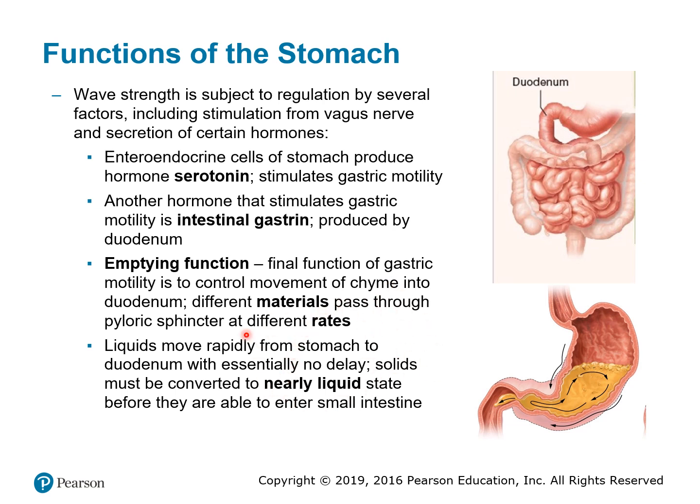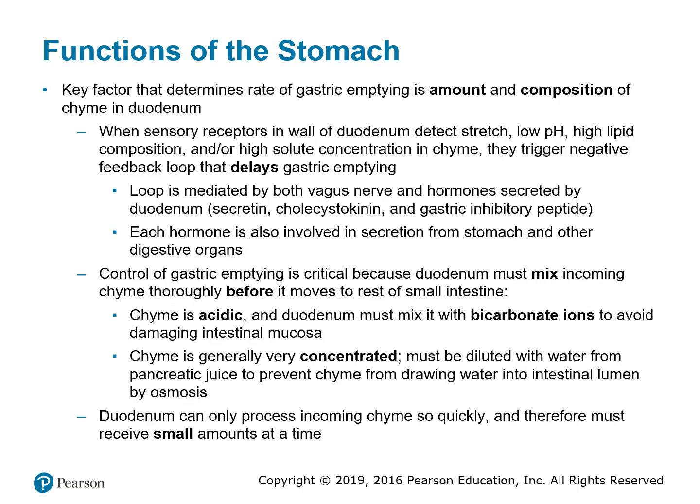If it is a solid, then it must fully be put in a liquid, and after that it can go to the small intestine. So you can see that the small intestine can only receive fluid-like food. The key factor that determines gastric emptying is the amount and composition of the chyme in the duodenum.